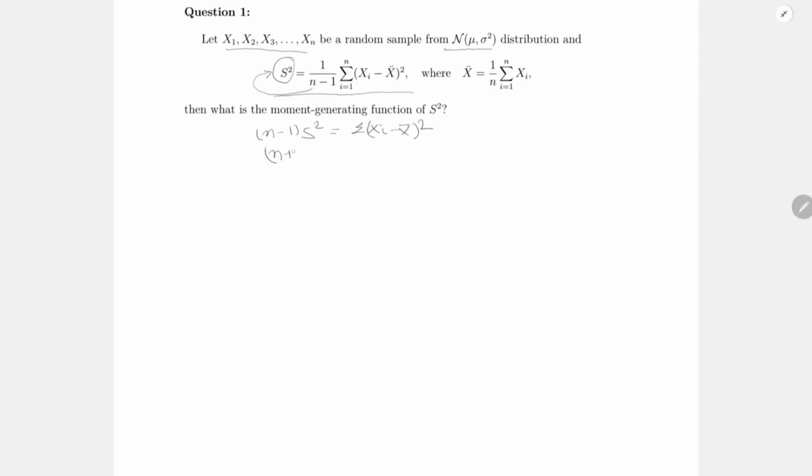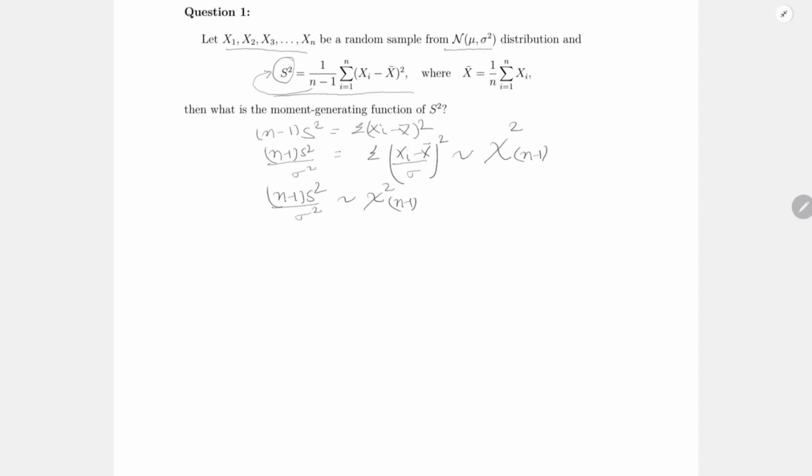So (n minus 1) s square upon sigma square equals summation ((xi minus x bar) upon sigma) whole square. This quantity follows chi-square distribution with n minus 1 degrees of freedom.